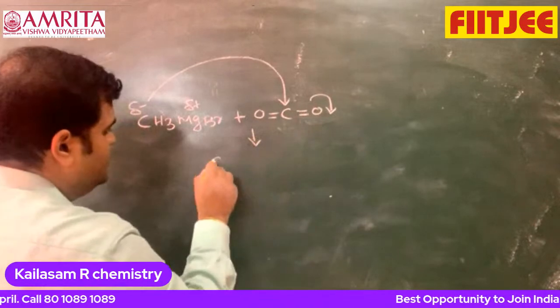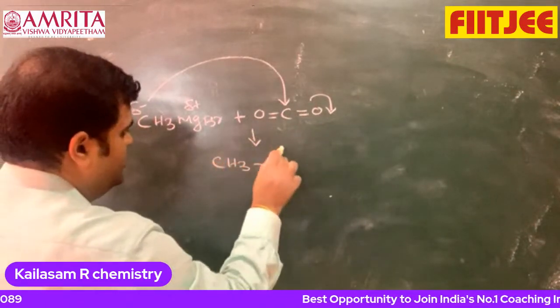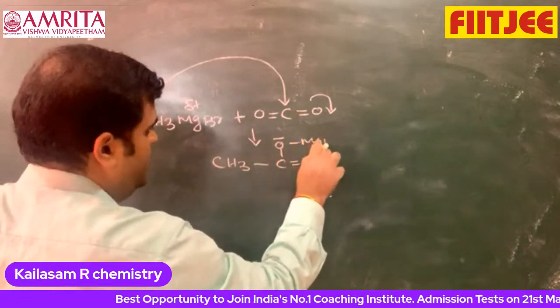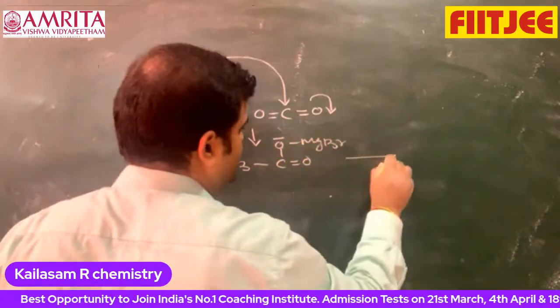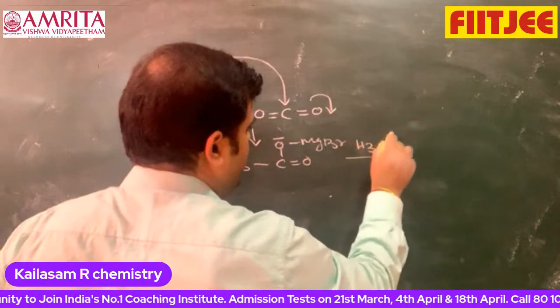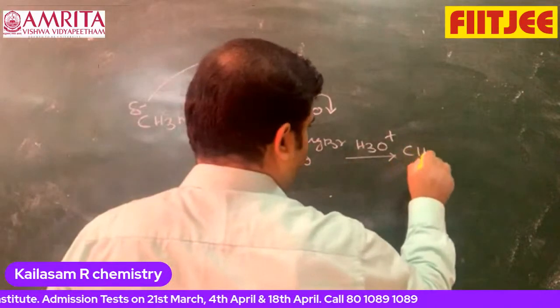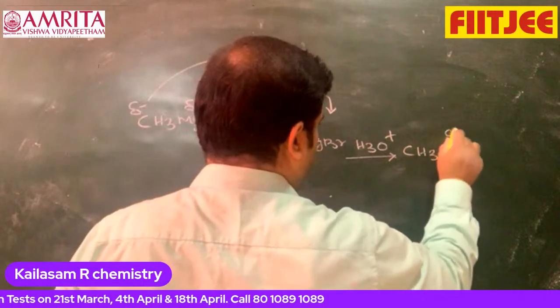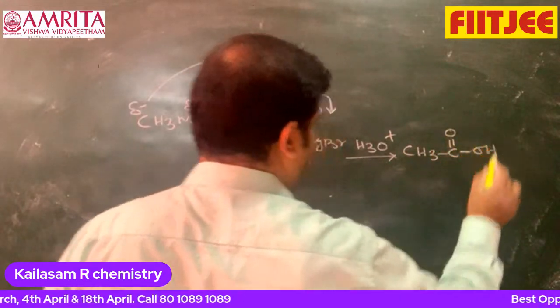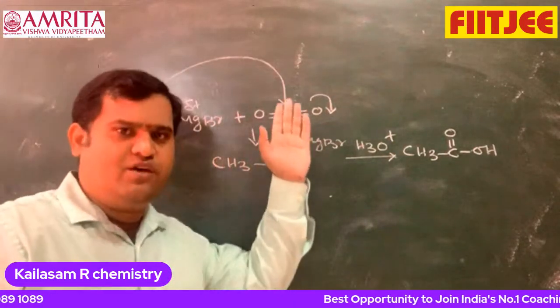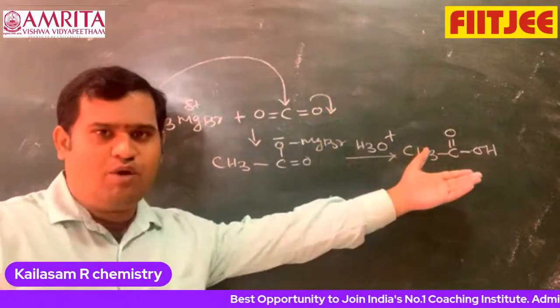What I'm going to get is CH3, C, O minus, double bond O, MgBr. Hydrolysis with H3O plus. What I'm going to get is CH3 C double bond O OH, called acetic acid. That means a Grignard reagent reacting with carbon dioxide produces carboxylic acid.